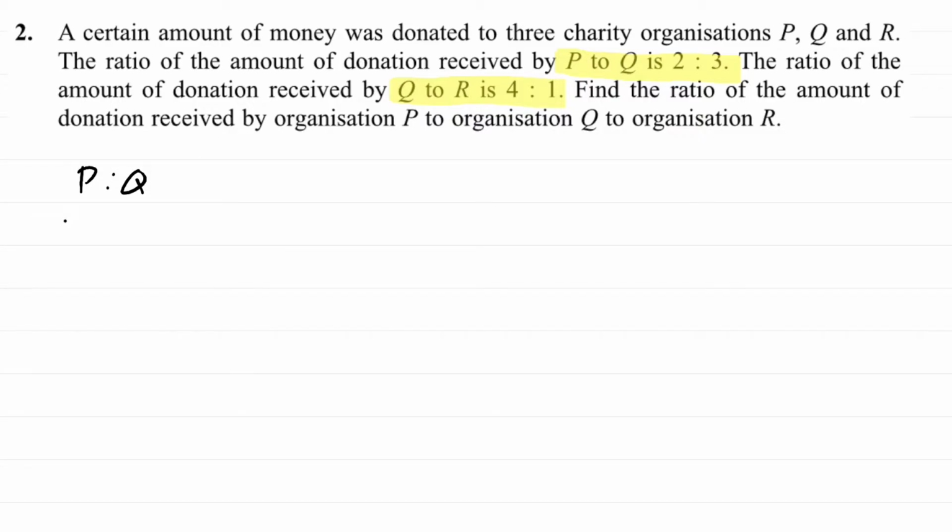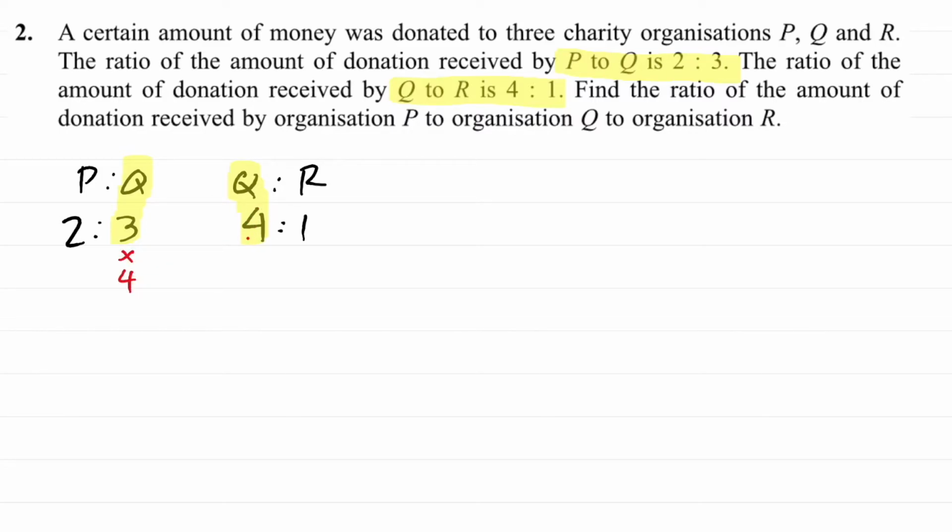First of all, we take out the information given. P to Q is 2 to 3, and the ratio of Q to R is 4 to 1. If you notice, if we highlight these two ratios, the unknown is the same, but the value is different. How are we going to make the unknown Q the same? We multiply with the number on the other side of the ratio. If this one is 3, we multiply with 4.